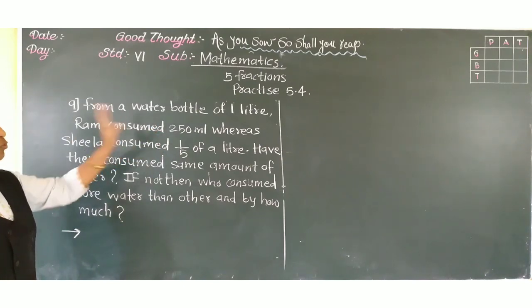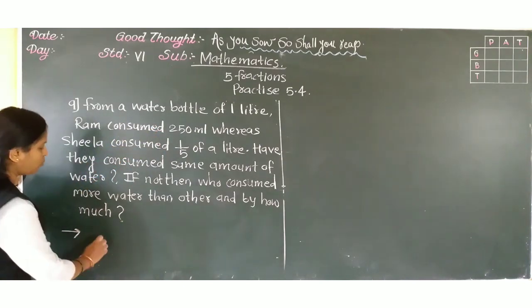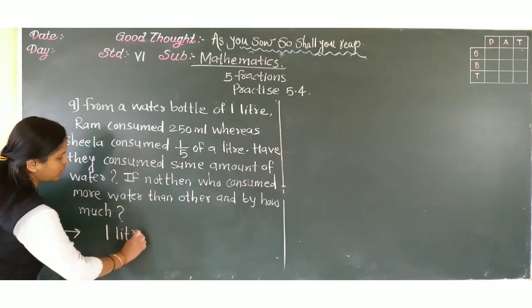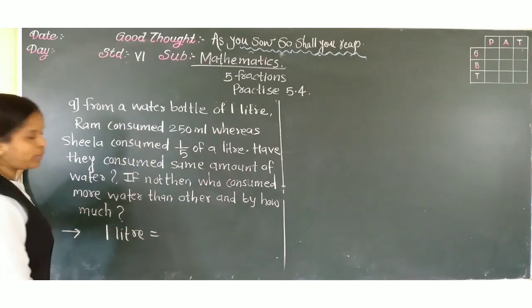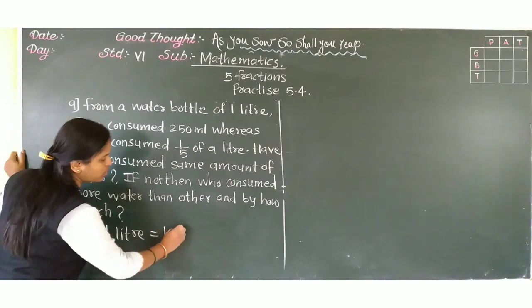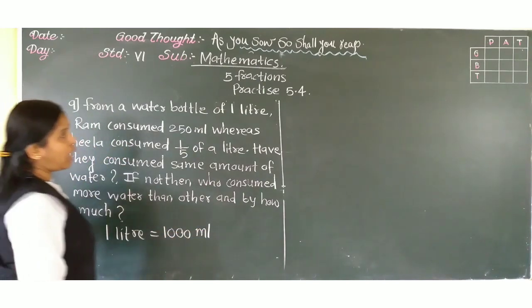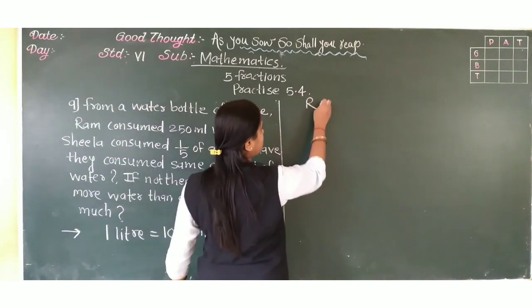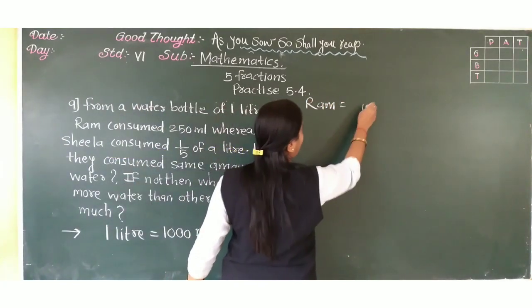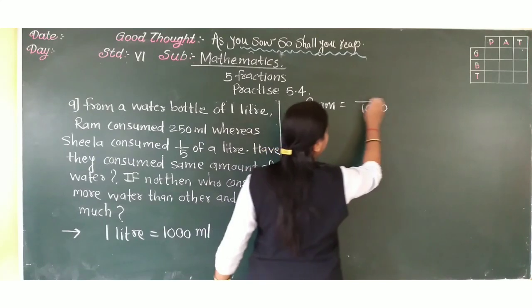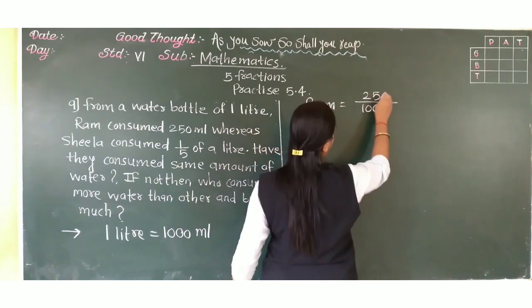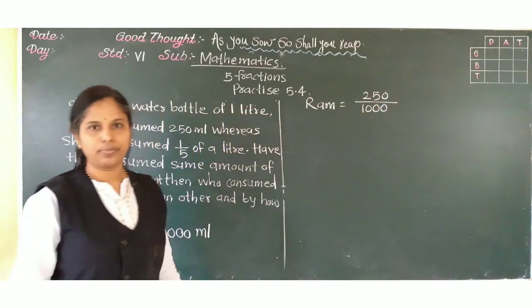Ram consumed 250 ml. 1 liter is equal to how many milliliters? 1000 milliliters. So out of 1000, he consumed 250 ml of water.